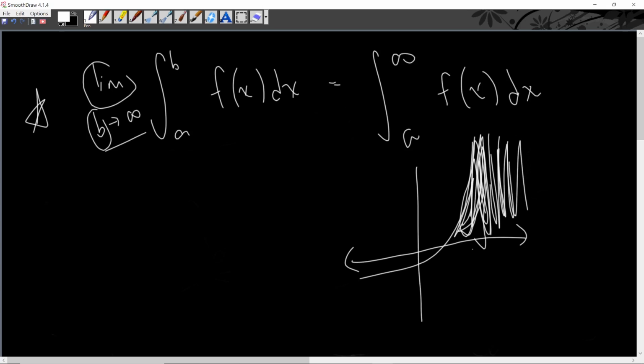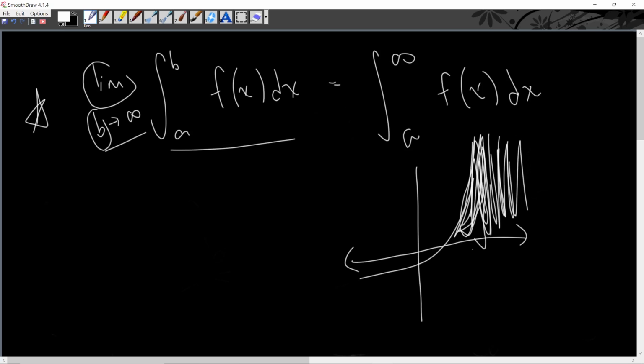In this case, we used b because we wanted it to look like our original definition of a definite integral. But it might be t. That's what some people use. But it doesn't matter too much.